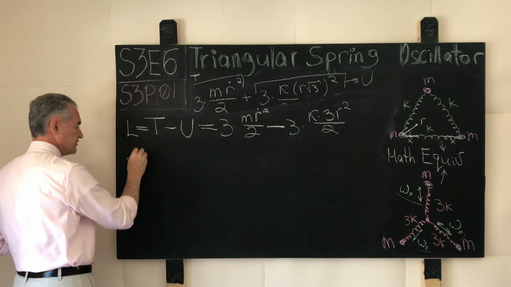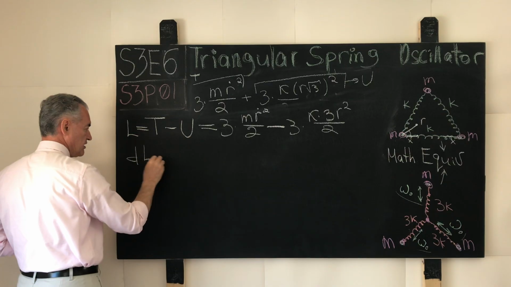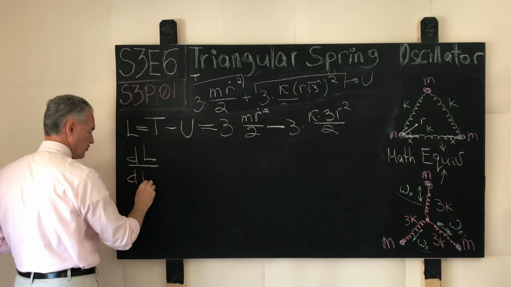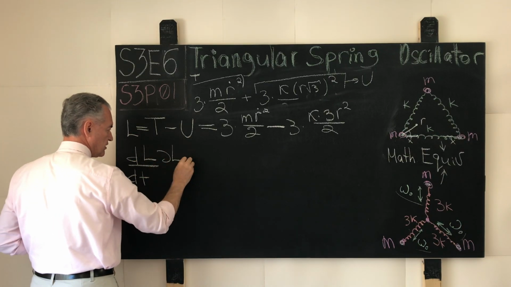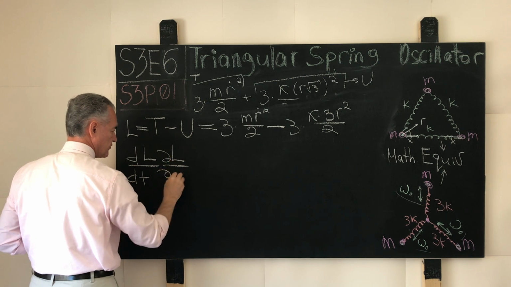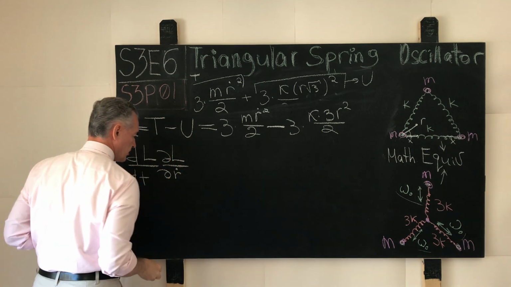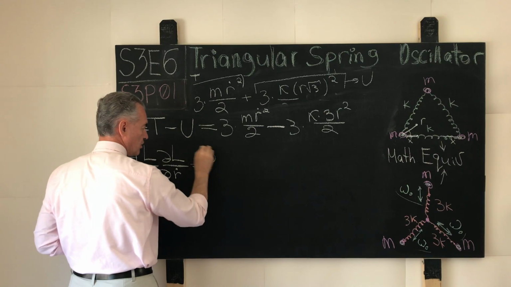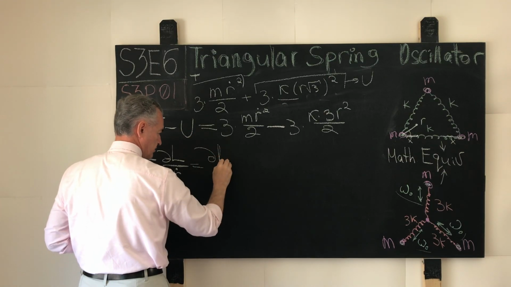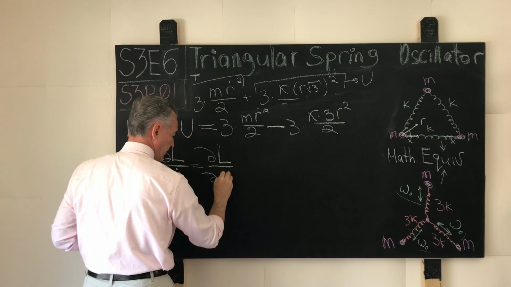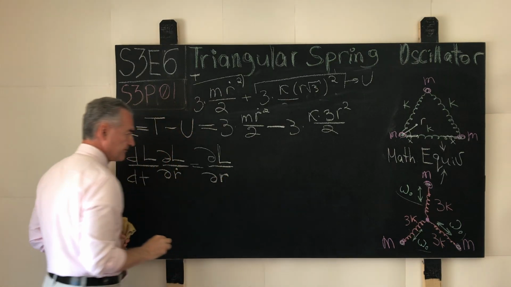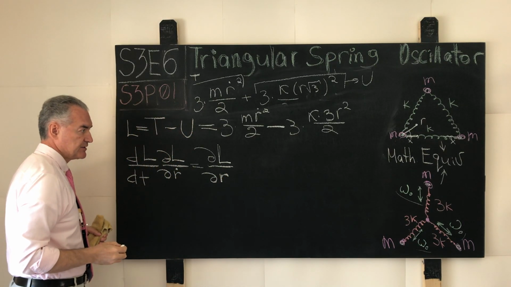And what does this equation say? It says that d over dt of the partial derivative of L with respect to the generalized velocity is equal to the partial derivative of L with respect to the generalized coordinate r, and this is it, game over.